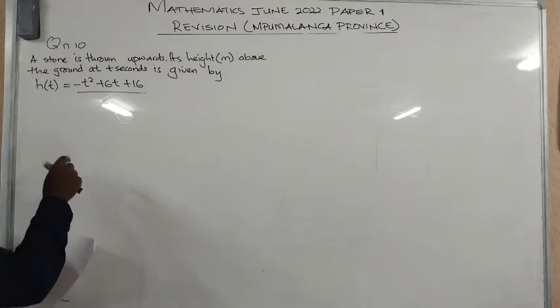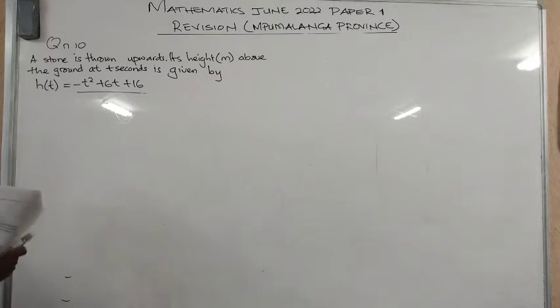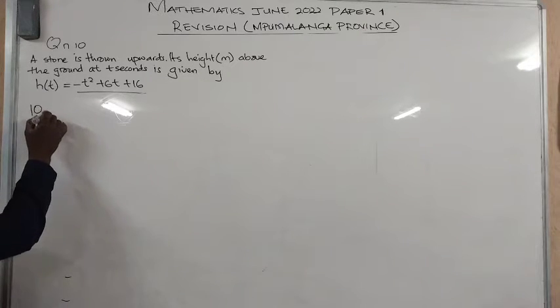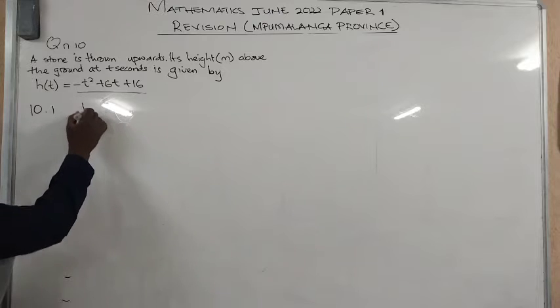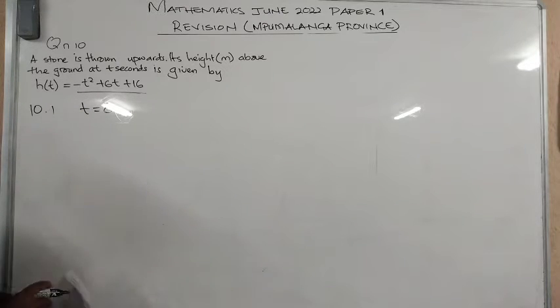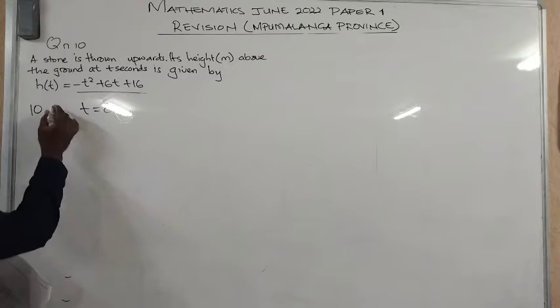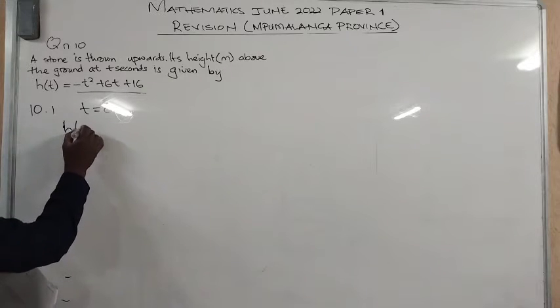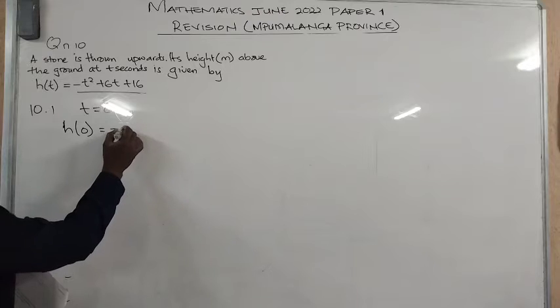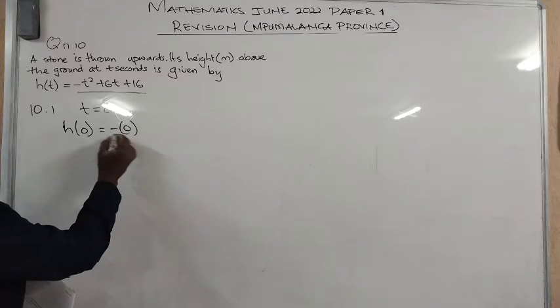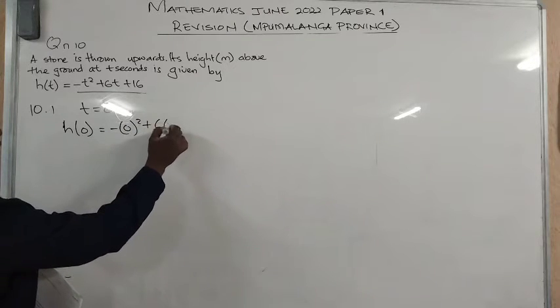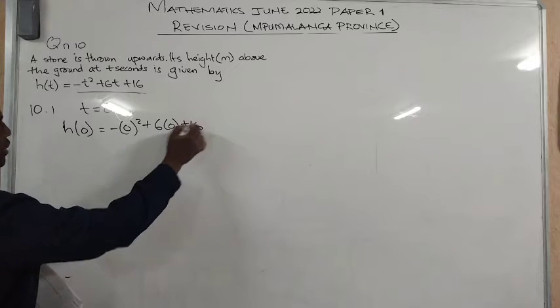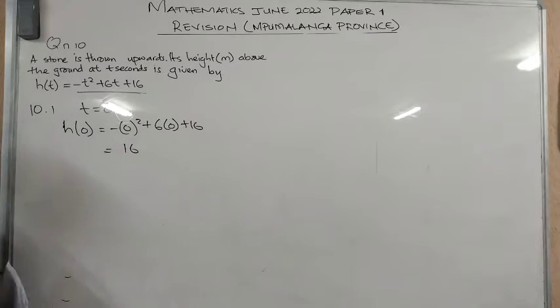So the initial height is when t is equal to 0. So we are saying h of 0 will be equal to negative 0 squared plus 6 by 0 plus 16, which will simply give us 16.